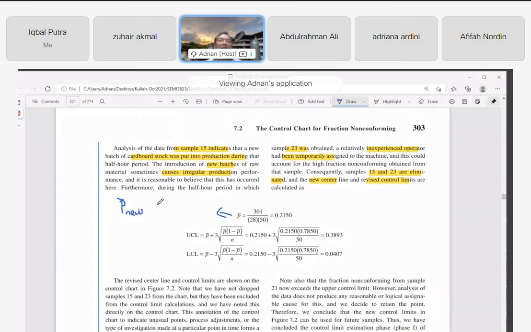Sometimes you can see the symbol people use, P note, to represent P bar new, or P bar revised. Now the number of subgroups goes from 30 to 28, because of the total 30 subgroups, 2 are out of control. You have identified the root cause, so we can eliminate those 2, and now it becomes just 28.